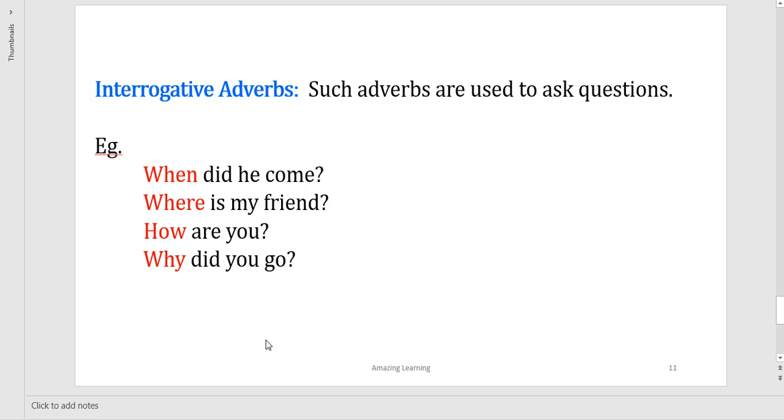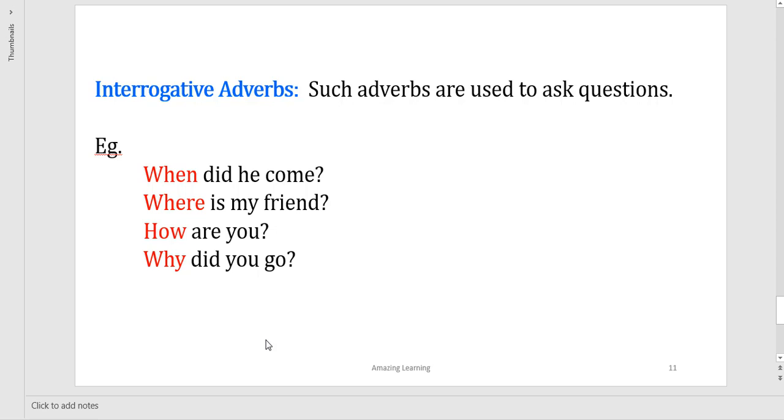Next is interrogative adverbs. This is the last type of adverb, in which such adverbs are used to ask questions. This is more related to the question of when the action has been done, right? When, where, how, why.